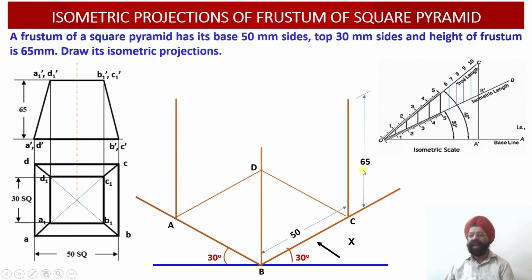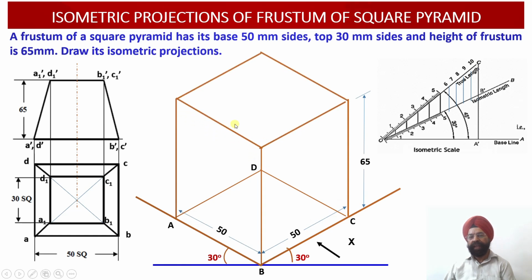So this is the height of the frustum of the square pyramid. Now, since I have to draw the square prism, I have to draw first and second isometric lines parallel to the x-axis. Again I have to draw first and second isometric lines parallel to the z-axis.